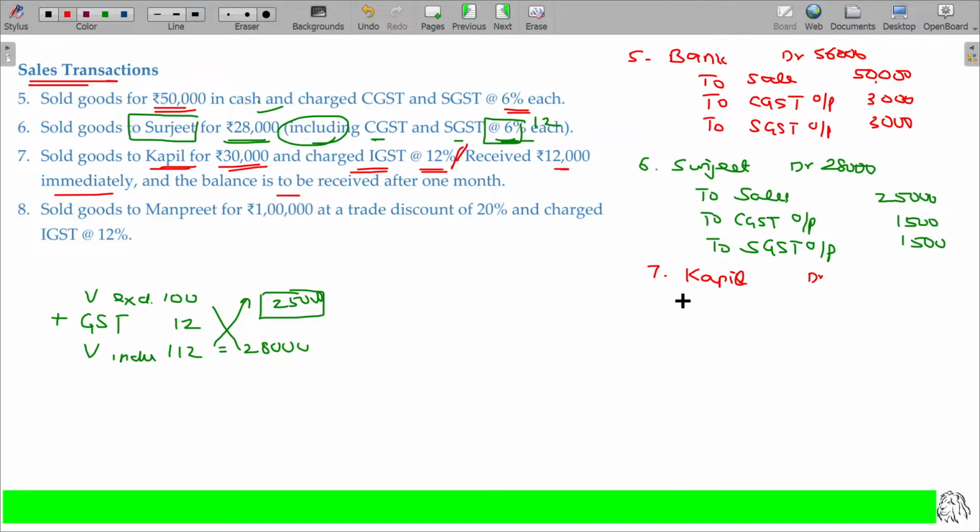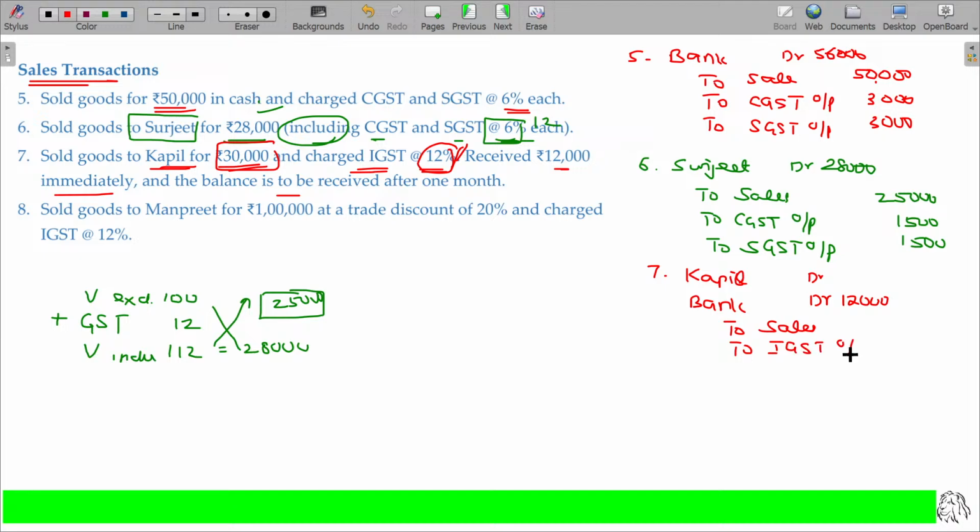So Kapil account debit and bank account debit. How much did we receive immediately? 12,000 rupees. Total amount recoverable from there, subtract the amount received to the extent of 12,000. Balance will be Kapil, payable sometime later. To sales, and this 30,000 has IGST 12%. So to IGST output.